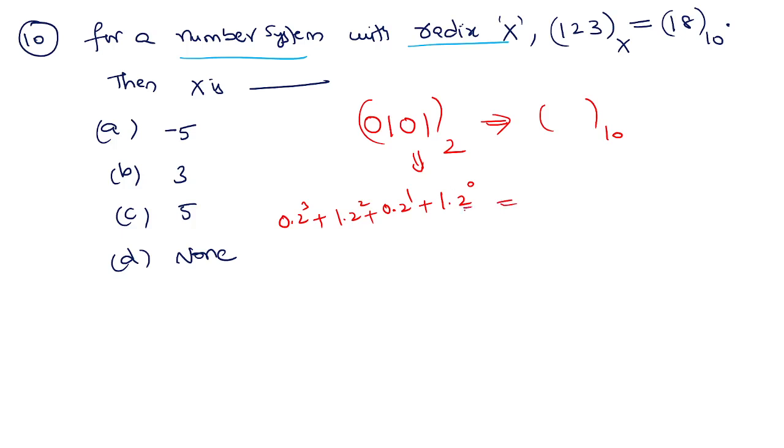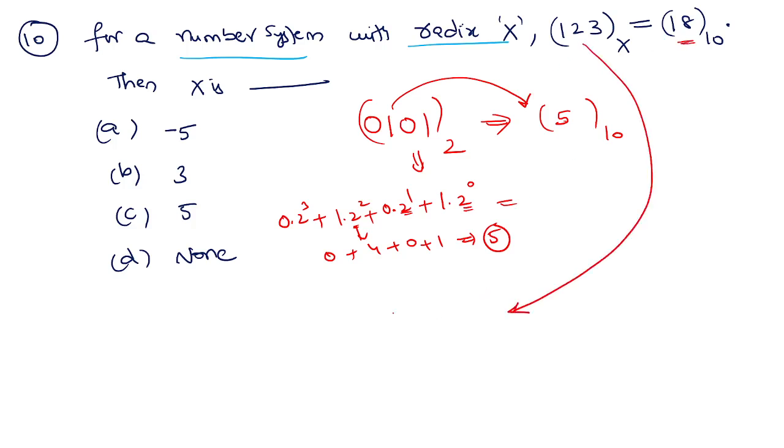These are called weights. 2 power 0, 2 power 1, 2 power 2. What is 2 power 2? 4, plus 0, plus 0, plus 1, that is equal to 5. So the decimal equivalent is this. Now you already know the decimal equivalent 18. So this can be written similarly as 1, 2, 3 base x.